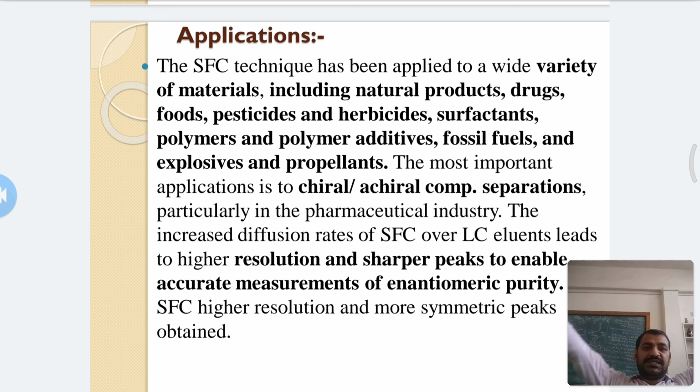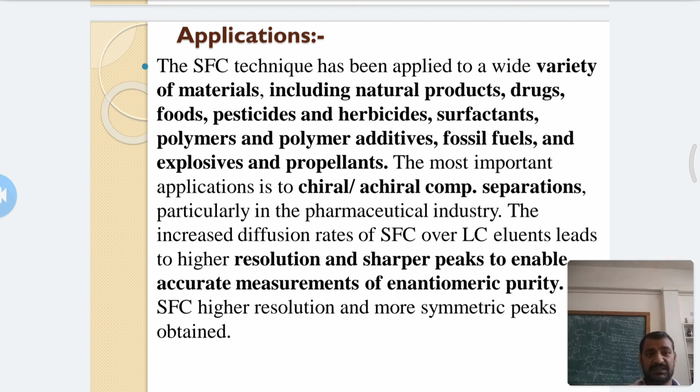This technique has been applied to a wide variety of materials, including natural products, drugs, fruits, foods, pesticides and herbicides, as well as surfactants, polymers and polymer additives, fossil fuels, explosives, and propellants.